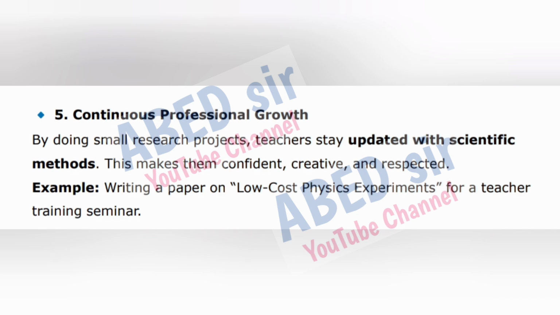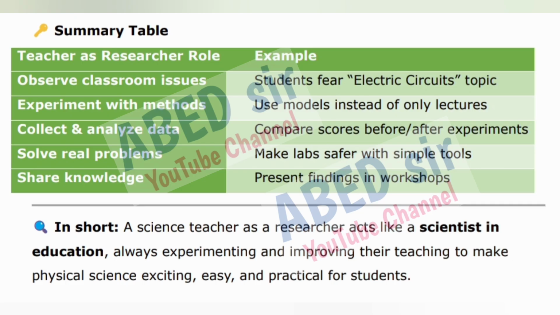By doing small research projects, teachers stay updated with scientific methods. This makes them confident, creative, and respected. Example, writing a paper on low-cost physics experiments for a teacher training seminar. Summary table. Teacher as researcher role, example. Observe classroom issues: students fear electric circuits topic.